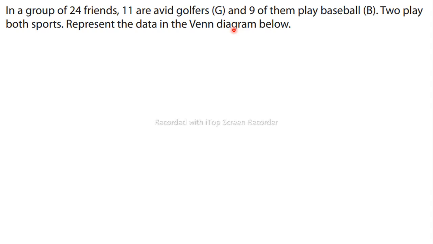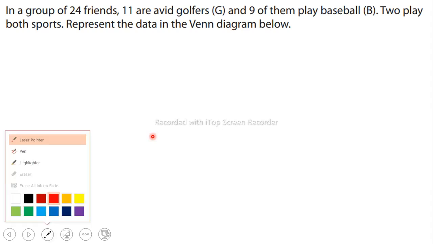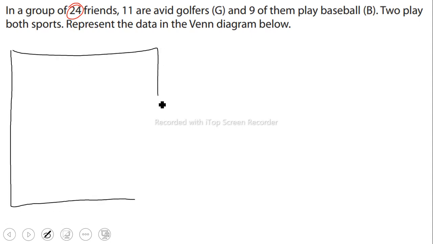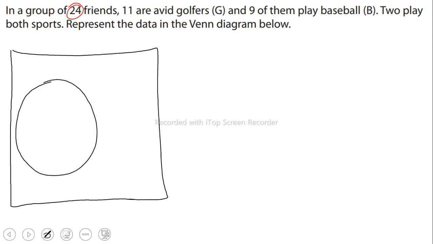So let's do it. This is supposed to be similar to the first one. Here we are given the universal set. It contains how much? 24, right? In a group of 24 friends. That's the cardinality of the universal set. So do we have an intersection?